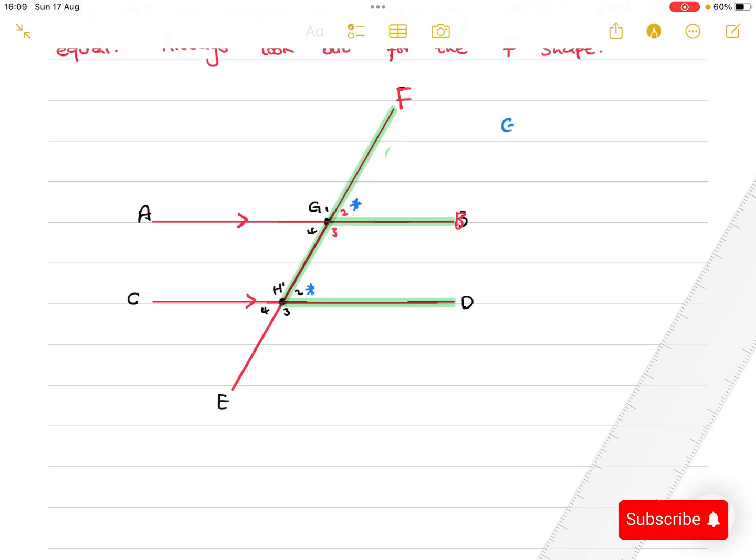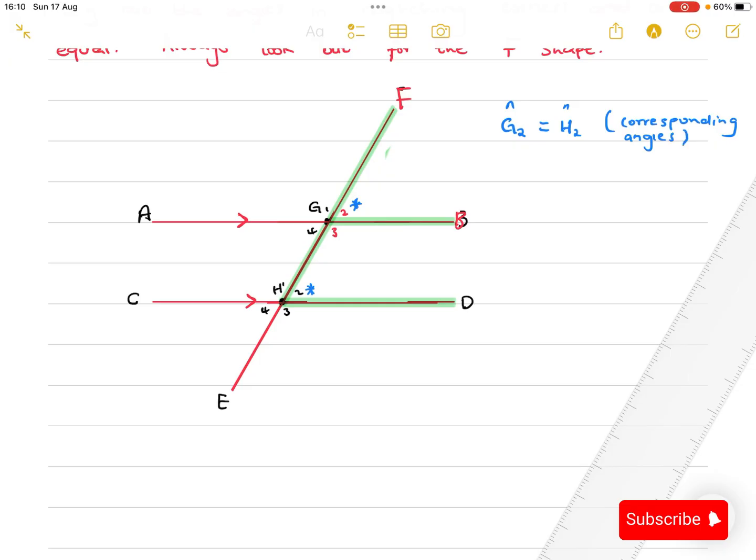Let me write them. We have G2. I want us to get all the collective of corresponding angles. G2 is equal to H2, and the reason we say these are corresponding angles.